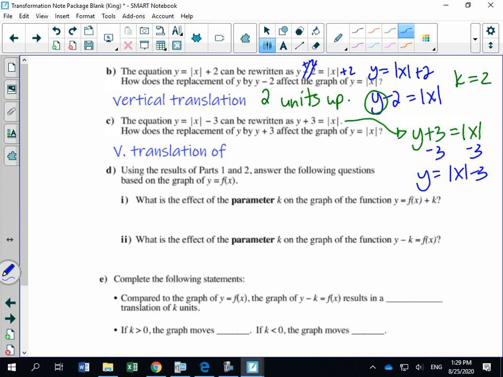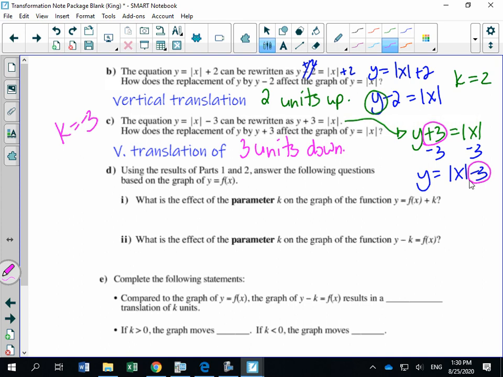No matter if it's written here or here, whenever I think of the K value, I always like looking at the right-hand side, because my K value is negative 3. So here my K value is negative 3, and that's a vertical translation of 3 units down.